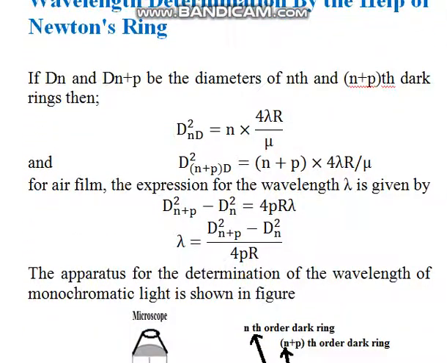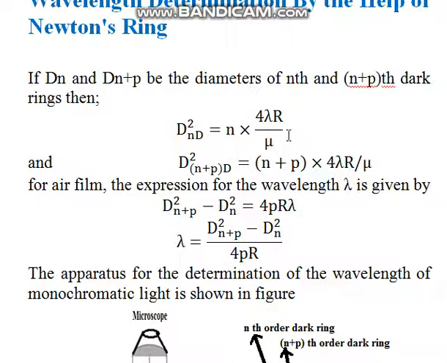Okay, so now let's see the working formula for it. We already discussed the diameters of the rings, the diameter of the bright ring and the diameter of the dark ring. In this working formula let's concentrate on the dark ring.